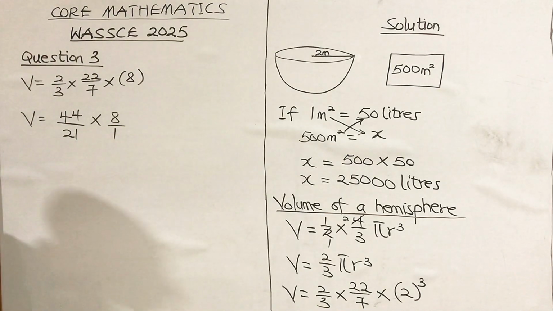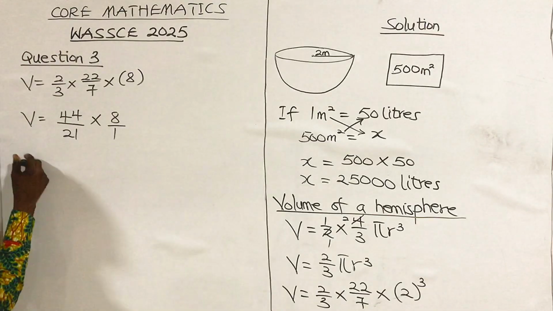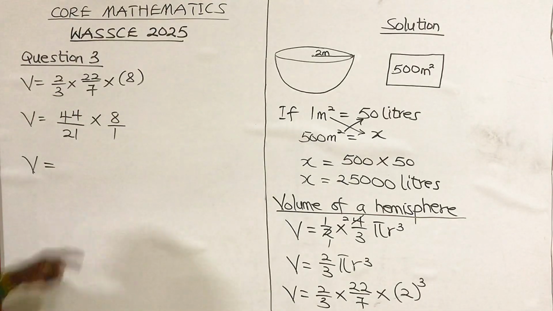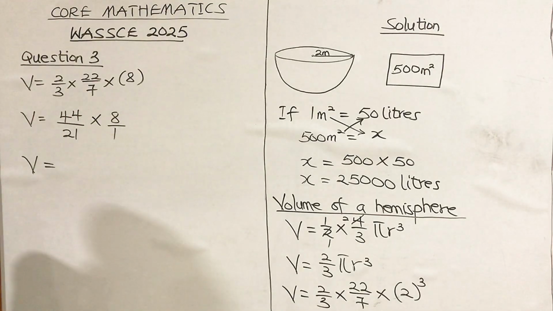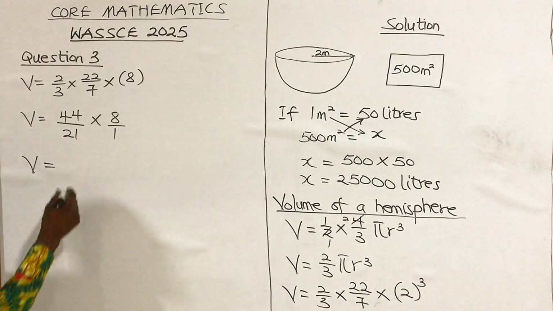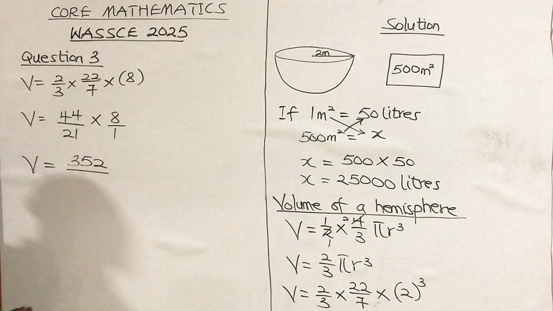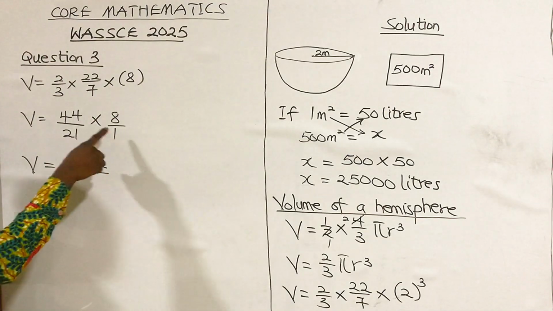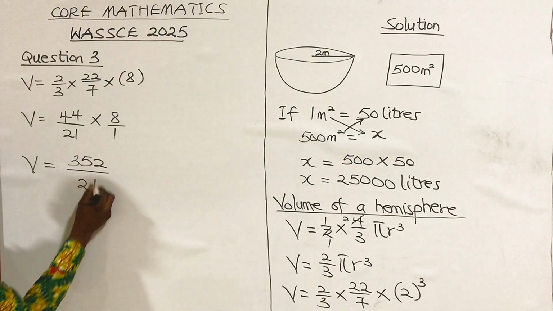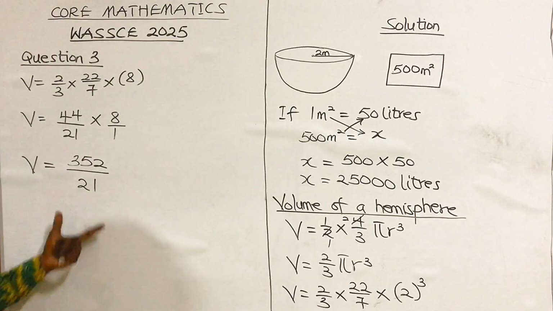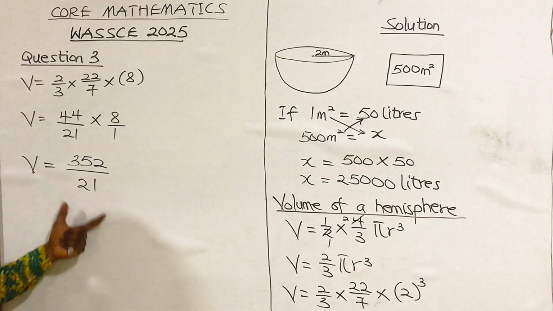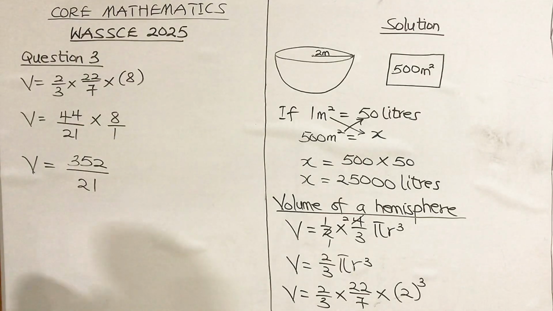And this is multiplication of fractions. So now you have volume equal to 44 times 8. What did you get from your end, my cherished viewer? So we are getting 352 all over 21 times 1. We still have 21. And from here, we need to change this to decimal.